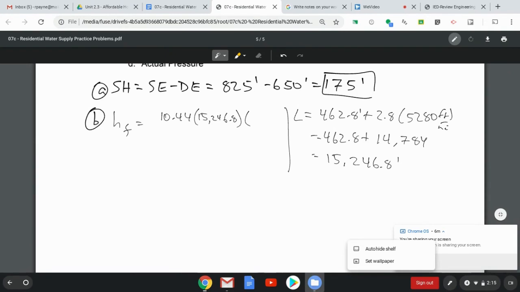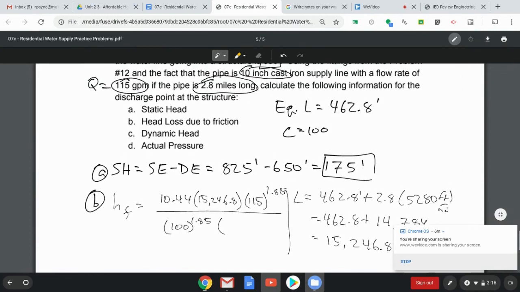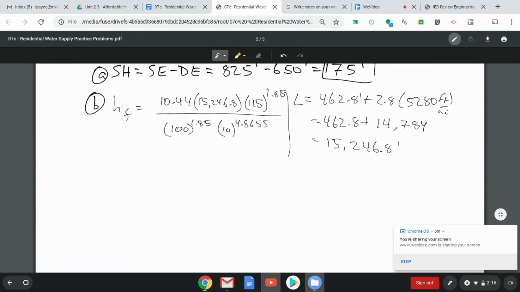Times the flow rate, so that's 115 raised to the power of 1.85, all divided by 100 raised to the power of 1.85, and then the pipe diameter D was 10, so 10 raised to the power of 4.8655. Remember, when you type this into your calculator, you need to be very careful. Think of everything in the numerator divided by everything in the denominator.